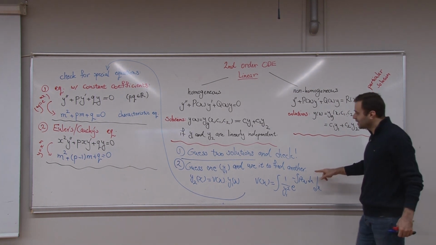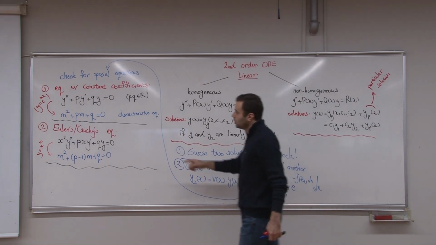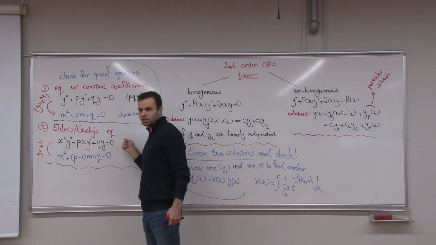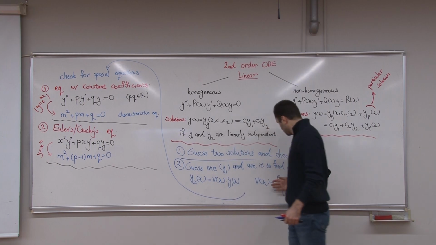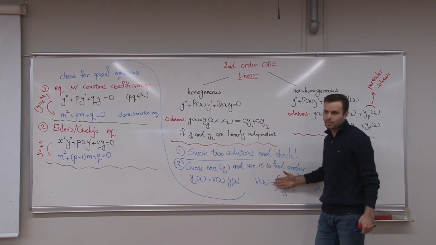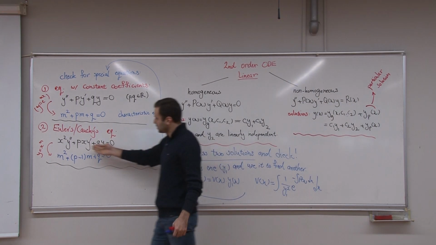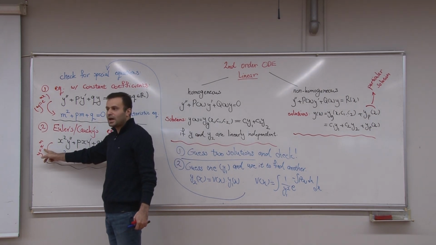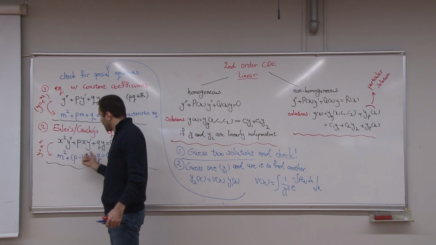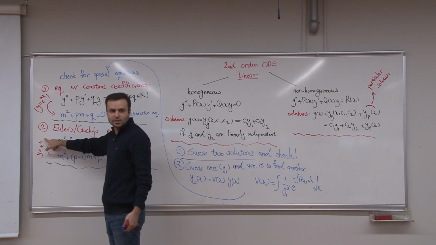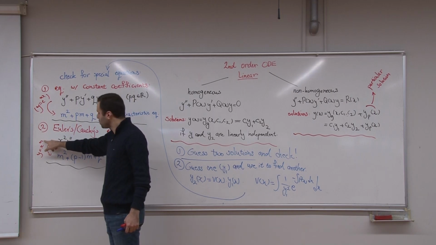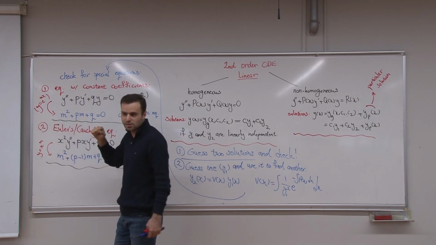If you remember, we calculated this v of x for the Euler-Cauchy equation, and it turned out to be ln of x. So when we have a real double root, the first solution is x to the power of m1, and the second solution is x to the power of m1 multiplied by ln of x. Okay?